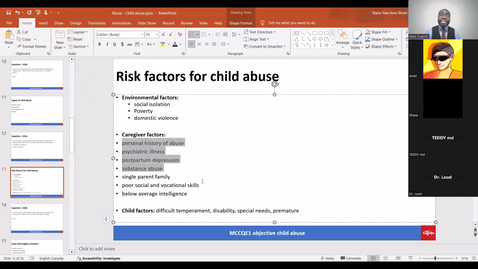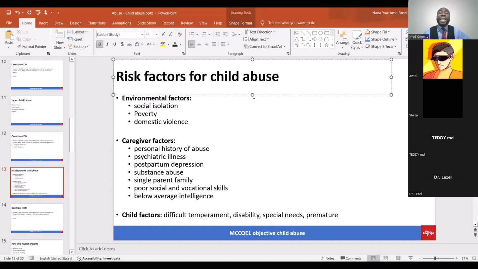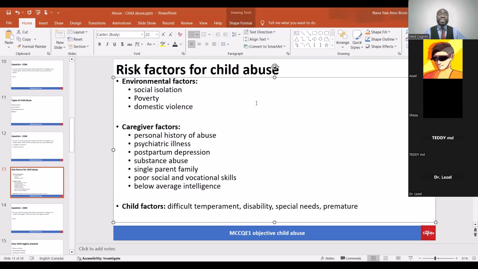I just use this as an example so you will see some of the mistakes people make. You may write social isolation and poverty on the same line, even though both of them are correct. But because you wrote it on the same line, you're going to get just one answer right. So please make sure that you put one answer per line. That's why I intentionally did this, so that I can use it as a teaching point.